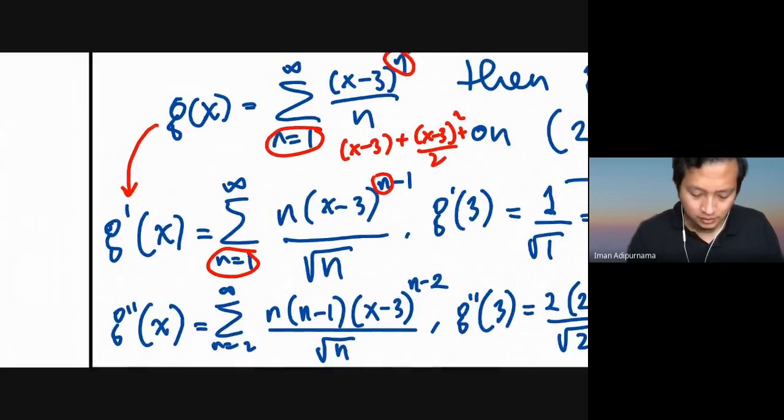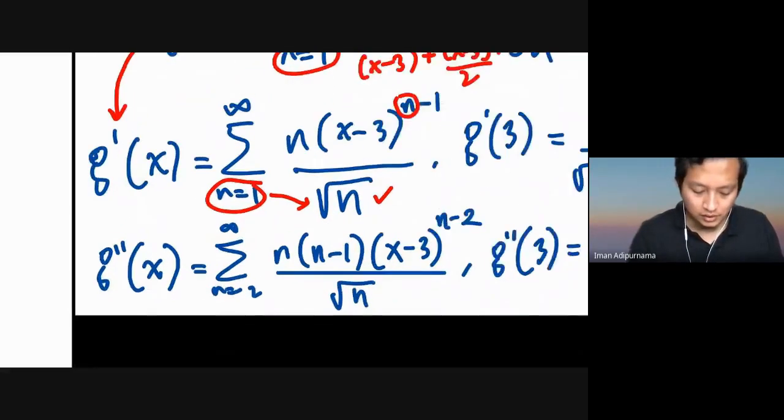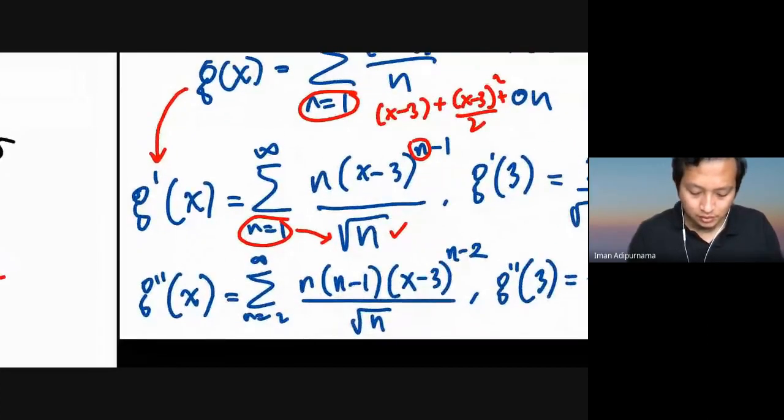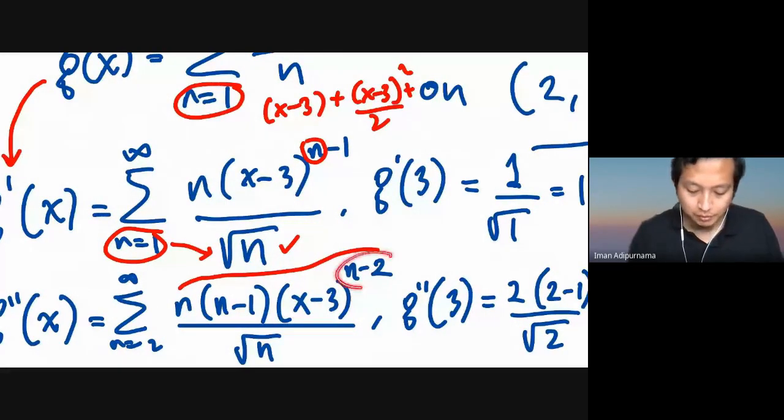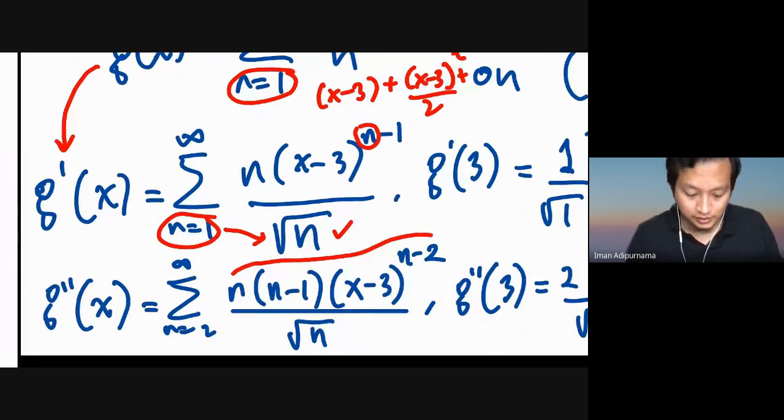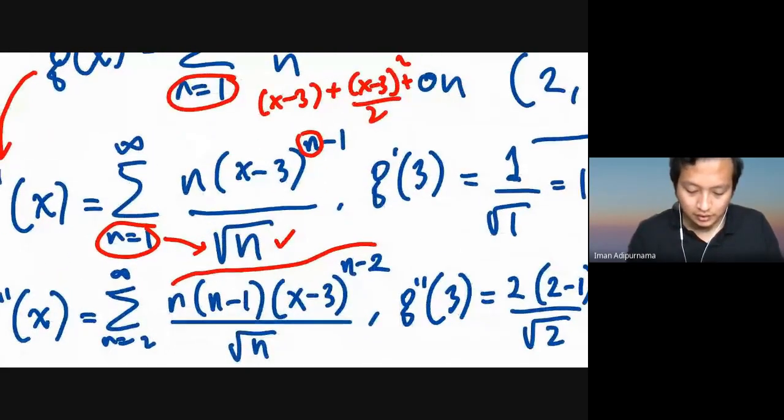So this part, the square root, we also plug in 1 inside, right? The second derivative, because we have this formula, we have n minus 2 here. Remember, in a sum, in a series, the n should be positive.